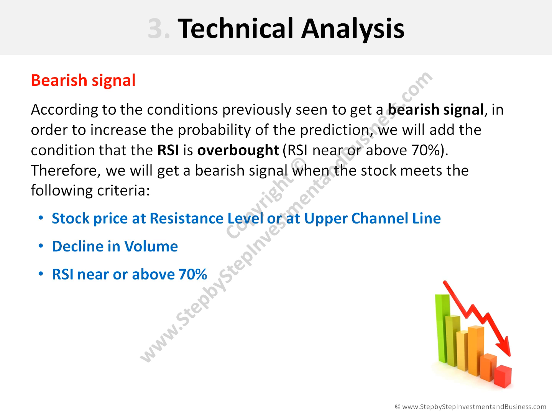Therefore, we will get a bearish signal when the stock meets the following criteria: stock price at resistance level or at upper channel line, decline in volume, and RSI near or above 70%. The first two were the ones we had previously seen in order to get a bearish signal, and now we added the condition that the RSI is near or above 70%.